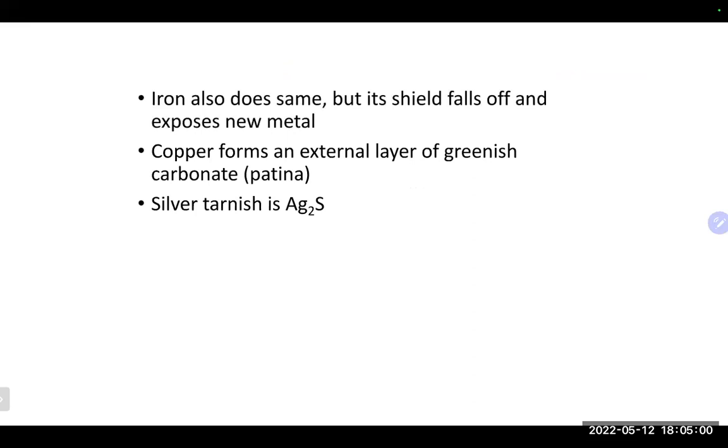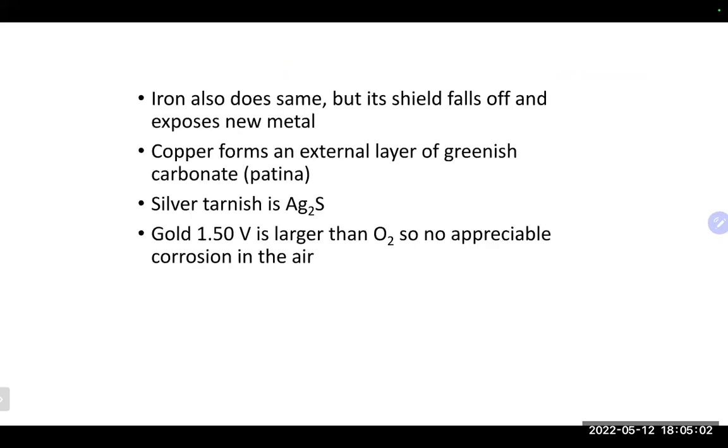But something like rust is obviously not so good, because when you form rust, it falls off, and that exposes new metal to further oxidation. It will continue to fall off until the metal has almost rusted through, right? You could almost go right through the thing because there's no real metal left at that point.